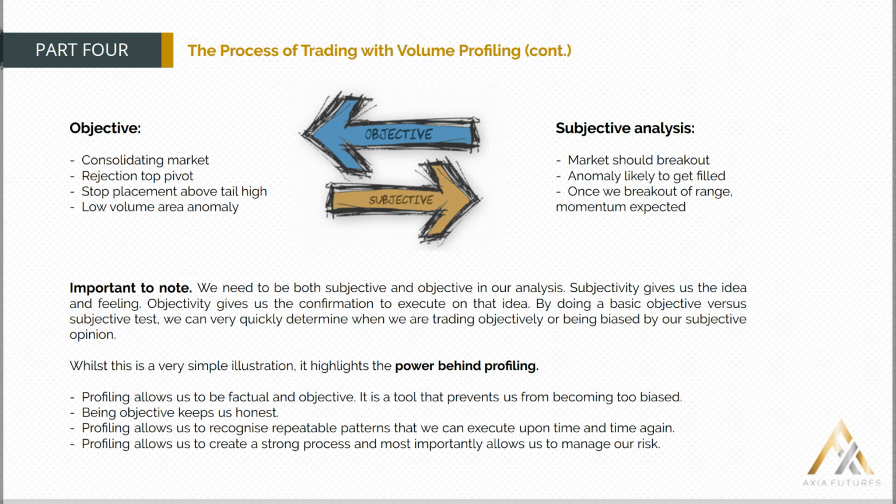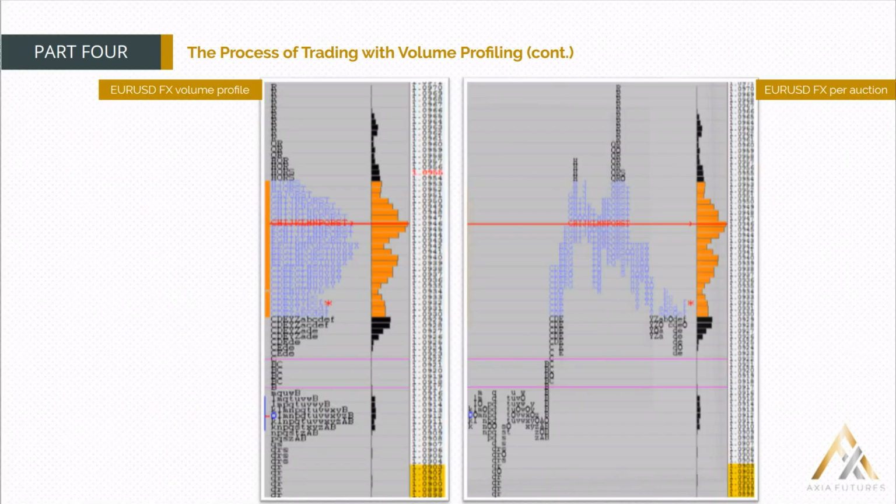By using the same framework, being profiling, we'll very quickly begin to recognize patterns that work more often than not. And last but not least, profiling allows us to create a strong process and, most importantly, allows us to manage our risk. In essence, we need to be objective and subjective.